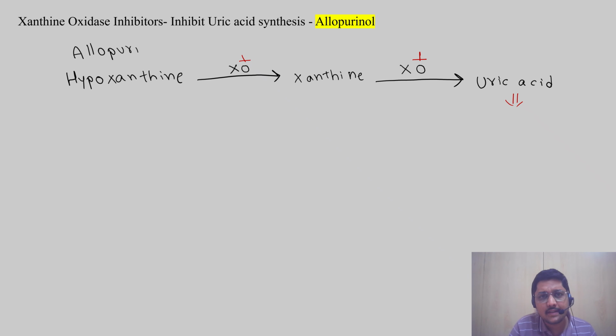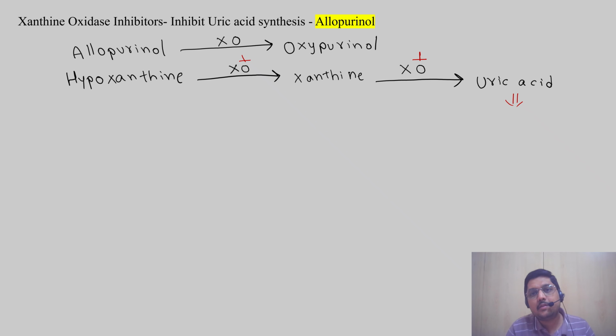What exactly does allopurinol do? Allopurinol competes with hypoxanthine, and it is acted upon by the same enzyme, xanthine oxidase. What happens? There will be another product called oxypurinol. What does this oxypurinol do?